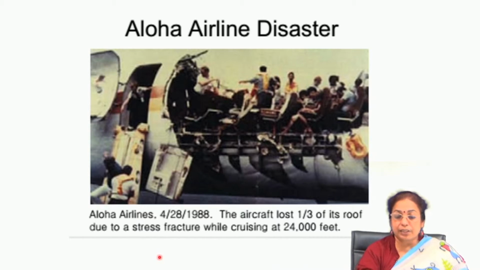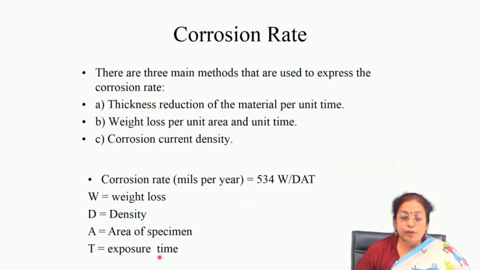There was that typical accident in 1988. The aircraft lost one third of its roof due to stress fracture while cruising at 24,000 feet. So, corrosion can be a quite dangerous phenomenon causing attack and subsequent damage of the component to a large extent. It is also very severe in the aerospace, automotive and marine sectors, so you have to be very careful, and our main objective is to minimize the corrosion to a large extent.